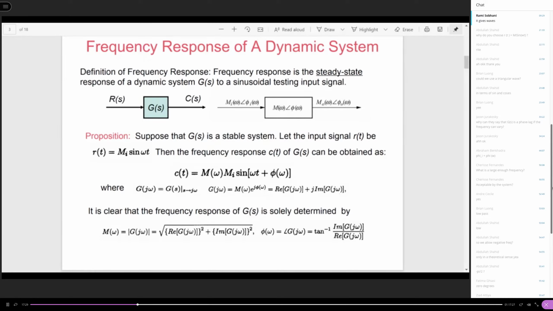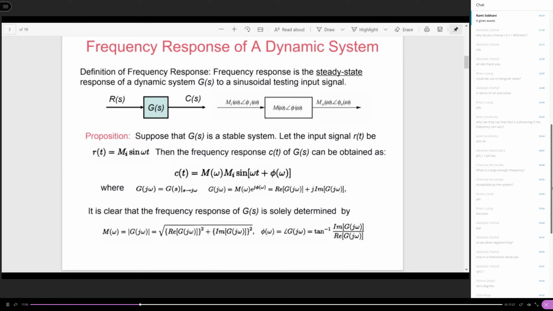But this is different from the frequency response. Here, because your testing signal right now is a sinusoidal signal, an oscillating signal at a certain frequency, you're going to find that the steady state response of a dynamic system to this kind of testing input signal will no longer be a constant.